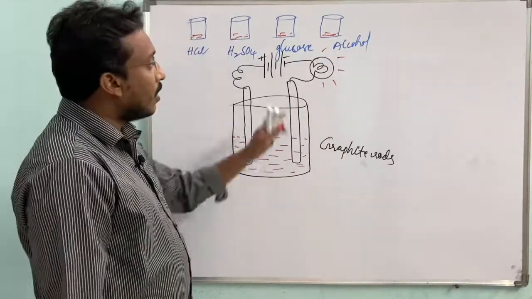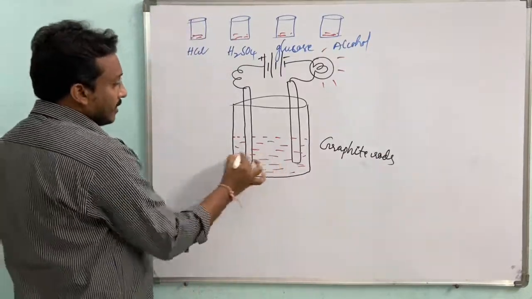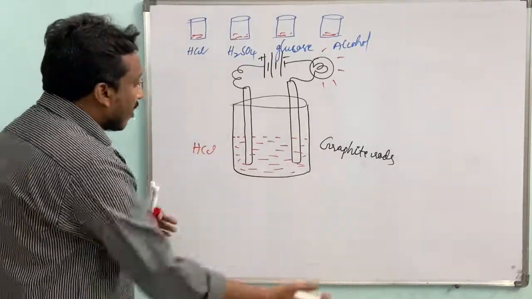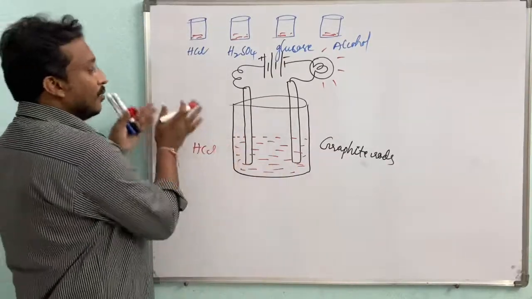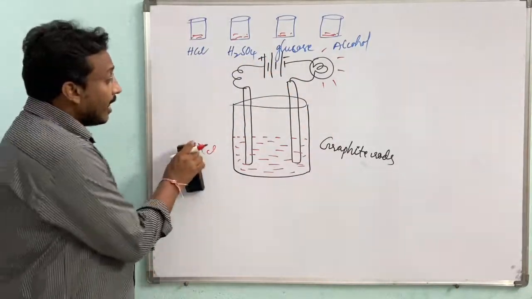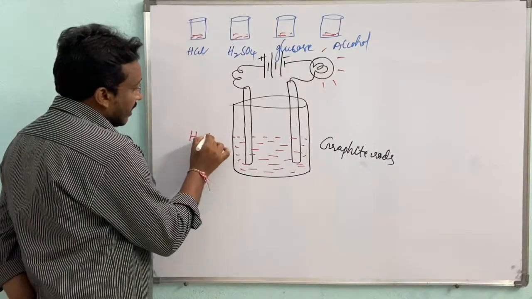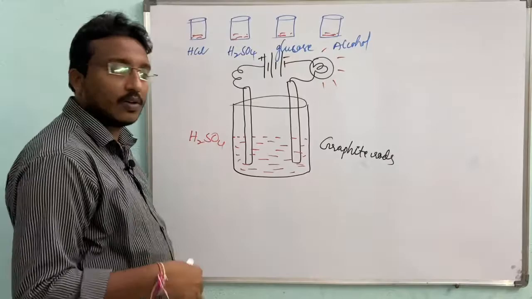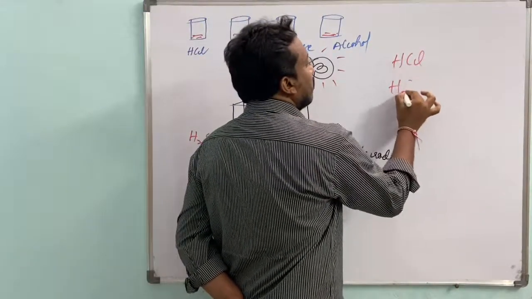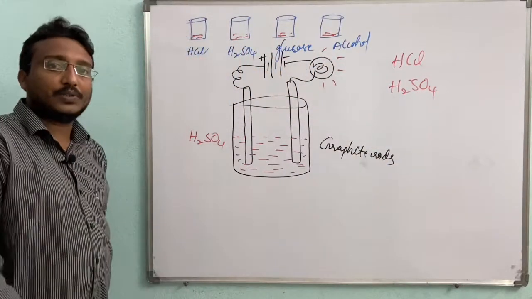Right. Then remove the HCl and take H2SO4. Next we do the same with the H2SO4. Then also the bulb glows.